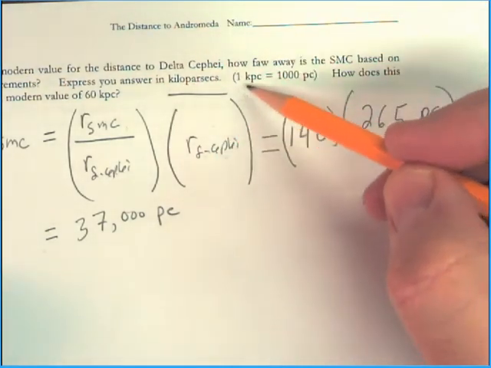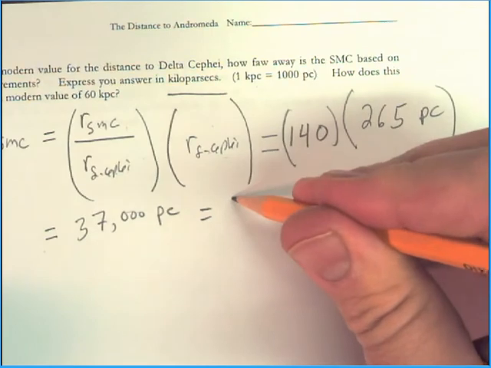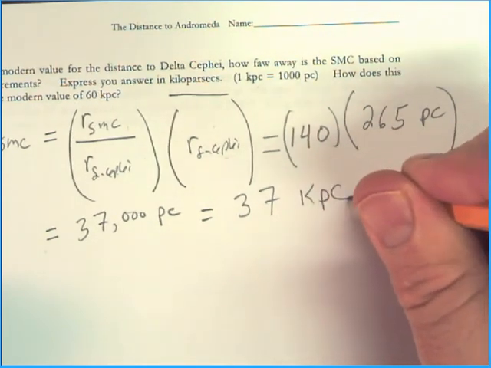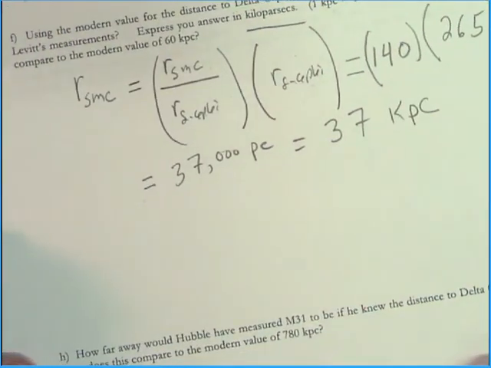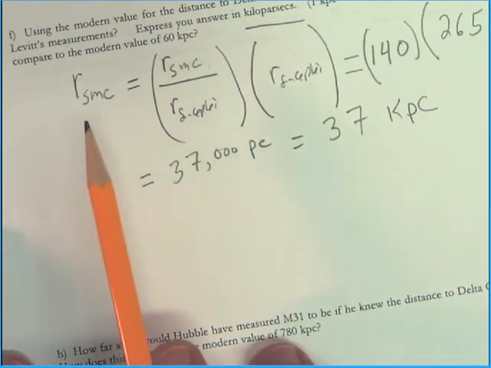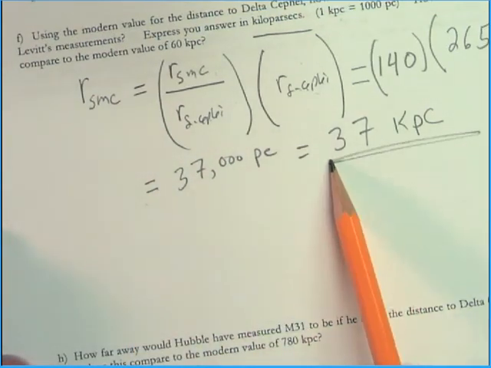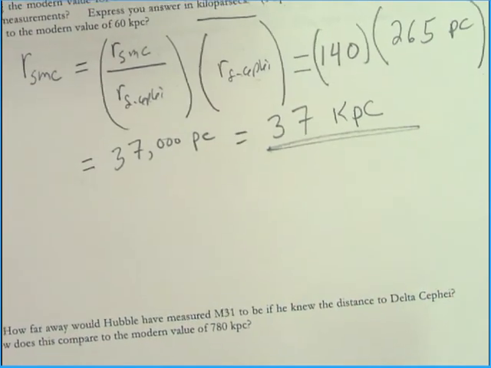So 1,000 parsecs is a kiloparsec, so that would be equal to 37 kiloparsecs. So if you take the modern value for delta Cepheid, her value would be 37 kiloparsecs.